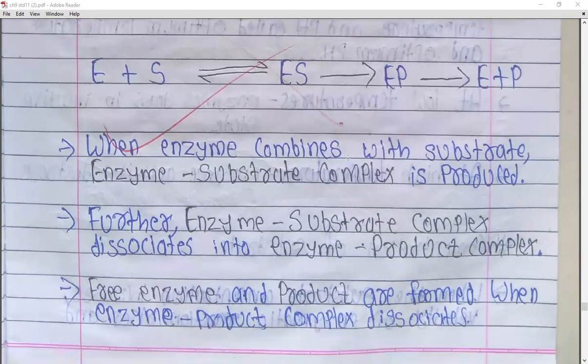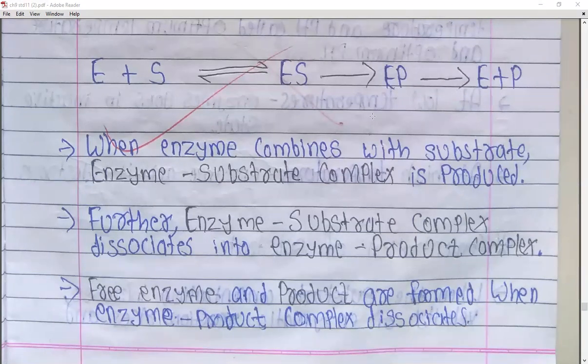So when the enzyme combines with the substrate, it forms the enzyme substrate complex, that is the ES complex. Further, this enzyme substrate complex dissociates into the enzyme product complex. So ES gets dissociated to form EP, which is known as the enzyme product complex.